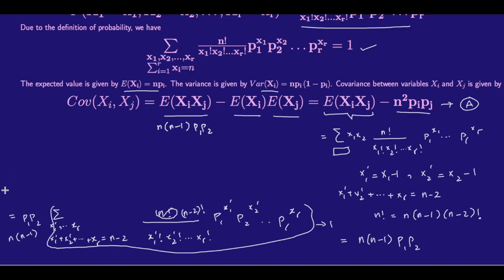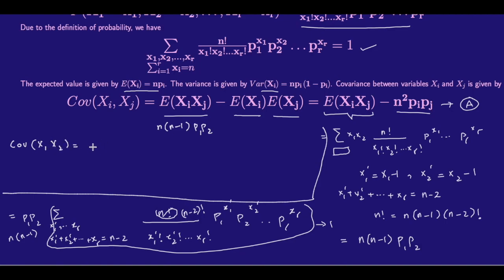Okay, so now the covariance of x1 x2 is equal to n times n minus 1 times p1 p2 minus this guy, n squared p1 p2, which is equal to negative n p1 p2. So this is my covariance of x1 x2, and needless to say, the covariance of xi xj will be equal to negative n pi pj.